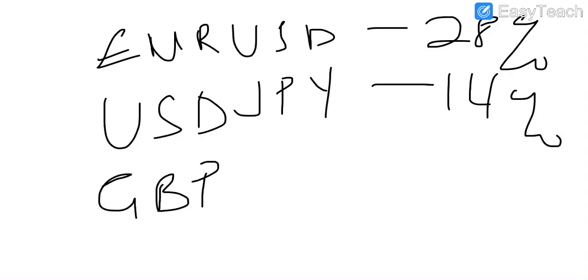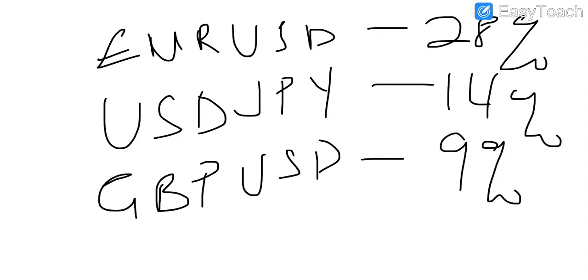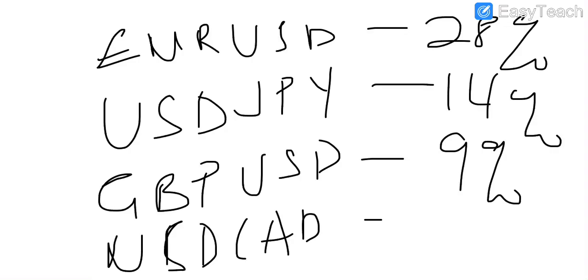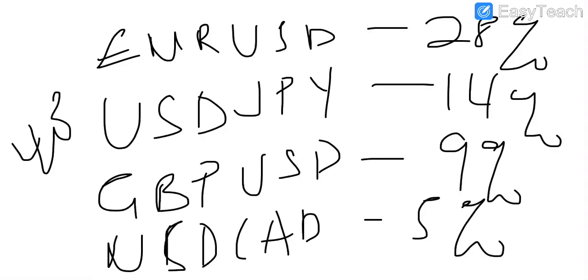Then GBP, pound sterling, and USD, taking up 9%. Then USD and the Canadian dollar, taking up 5%. The other 40% is given to the others. These are the popular pairs that are very lucrative and very important to traders all over. So let's look at the next topic.